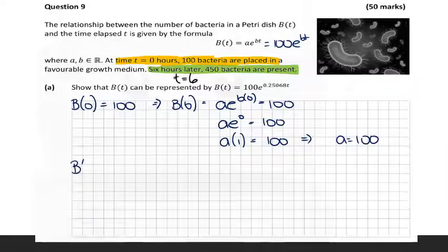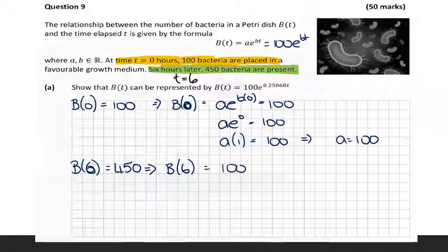B(6), so 6 hours later, time is 6, B(6) is 450. So that means if I sub 6 into my formula, the answer should be 450.